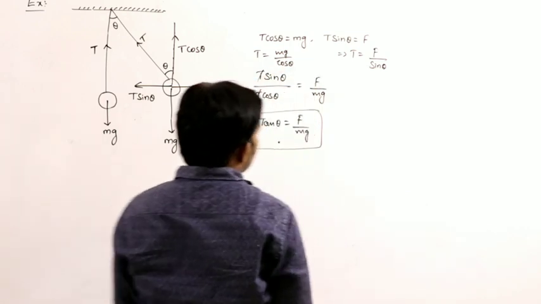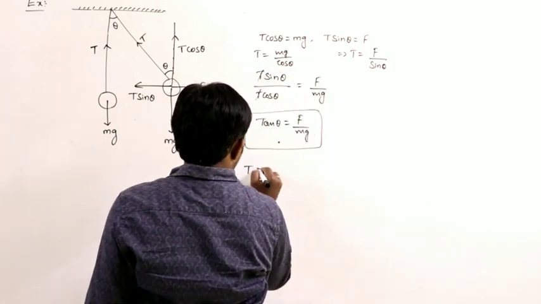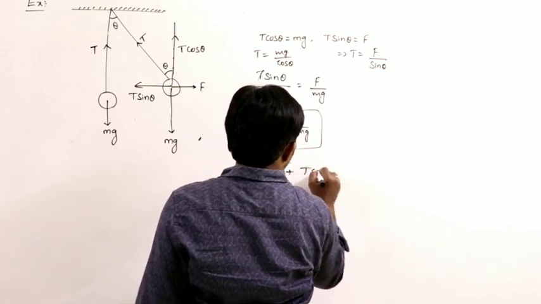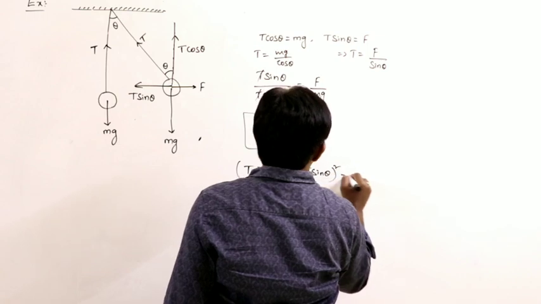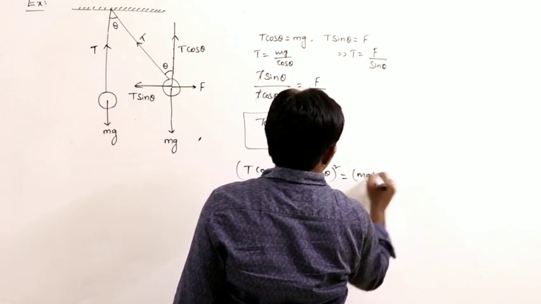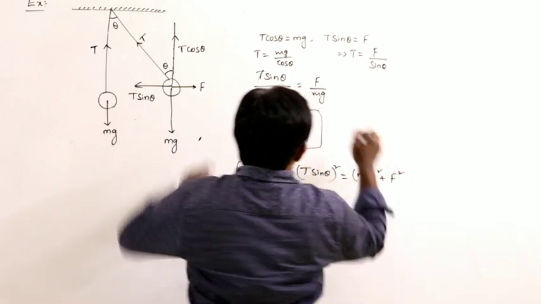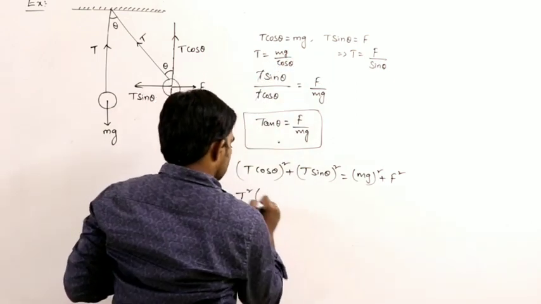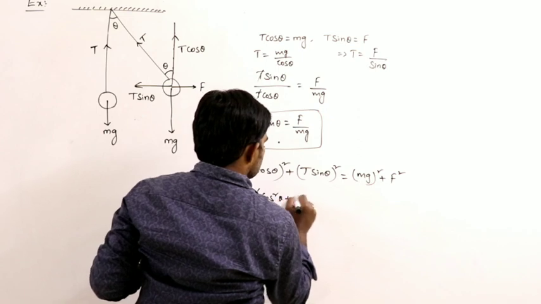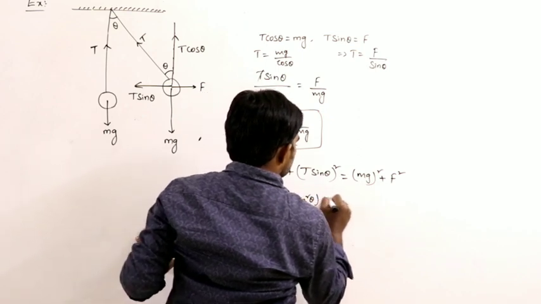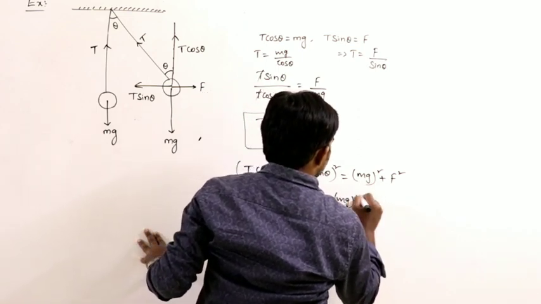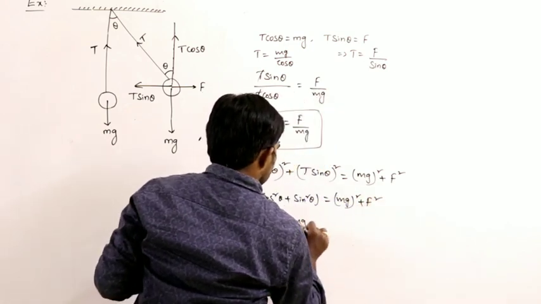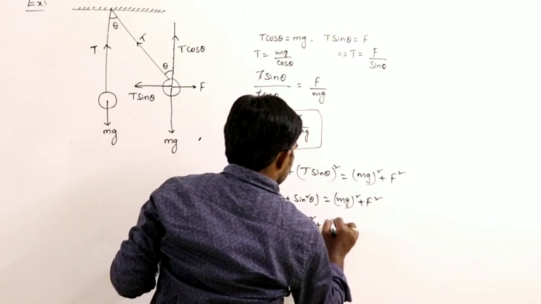Otherwise, squaring and adding on both sides: (T cos theta) whole square plus (T sin theta) whole square equals (mg) whole square plus f square. T square common, cos square theta plus sin square theta equals 1, so T square equals (mg) whole square plus f square.